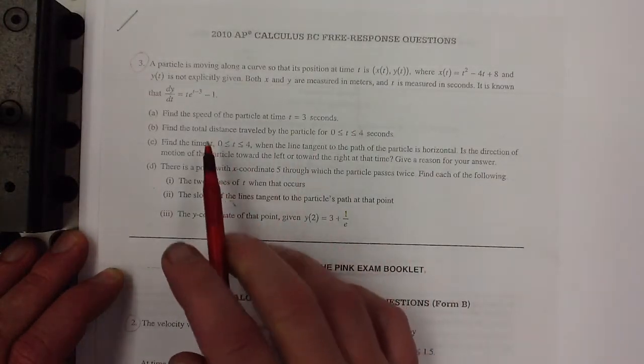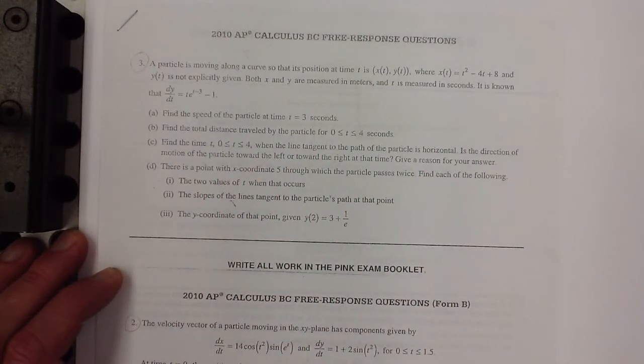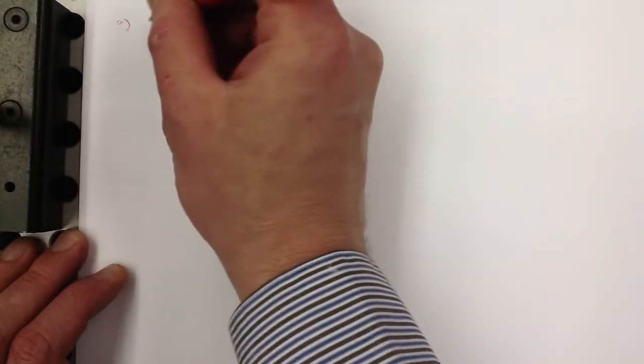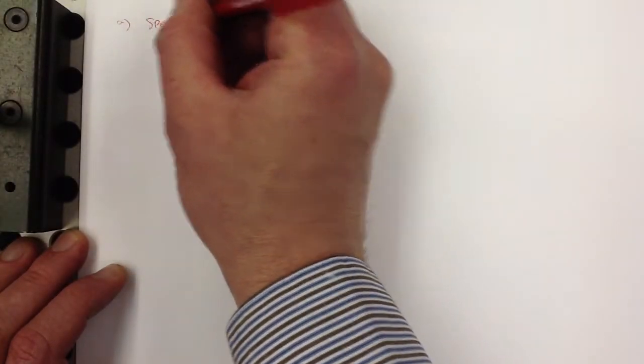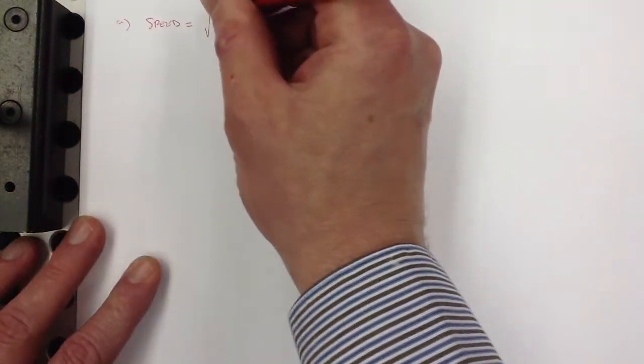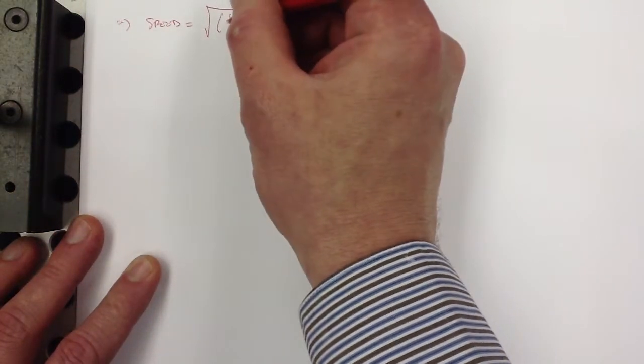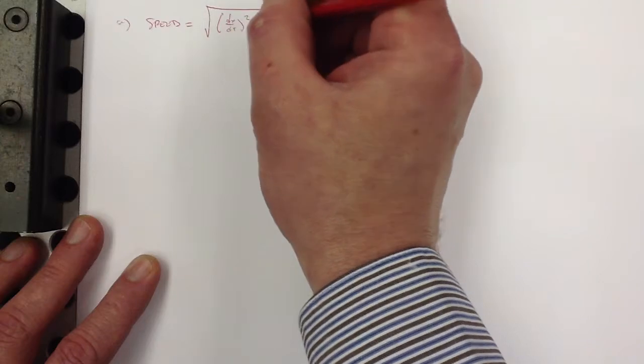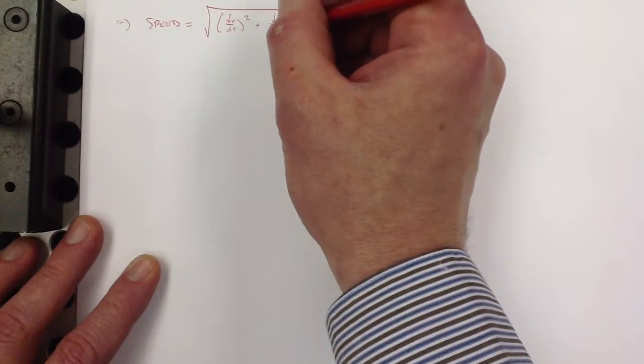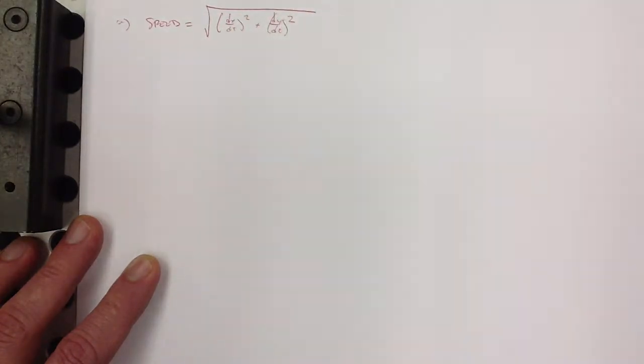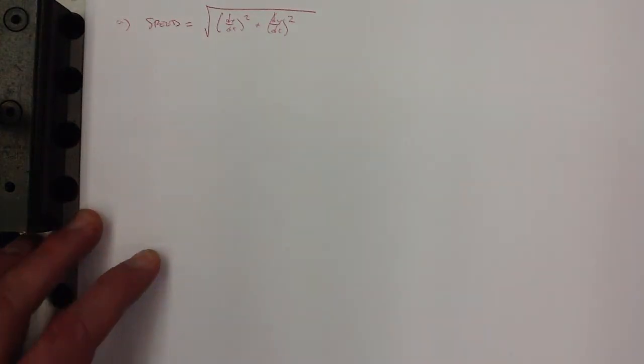All right, so let's find the speed of the particle at 3 seconds. Well, remember that speed is equal to the square root of dx/dt squared plus dy/dt squared.